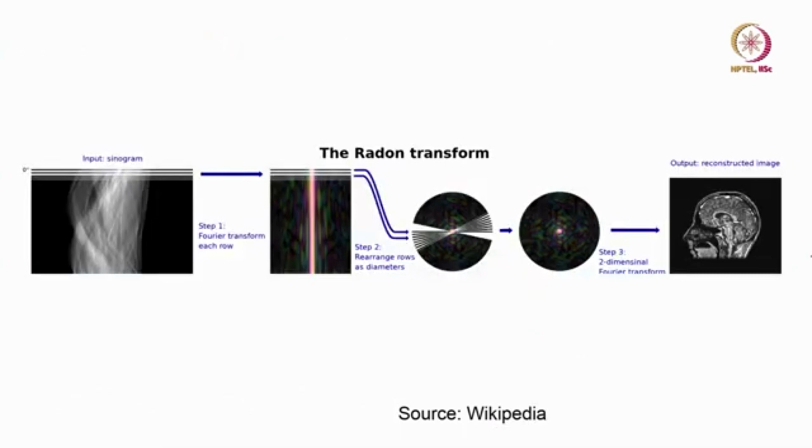Alright, so now I have here a full summary of the radon transform. You have initially some cross section which you do not know about, so you do not know what this looks like, but you only have the sinogram, let us say, for a 2D case. If you do that, then the first step is to take a single row in the sinogram and calculate its Fourier transform.